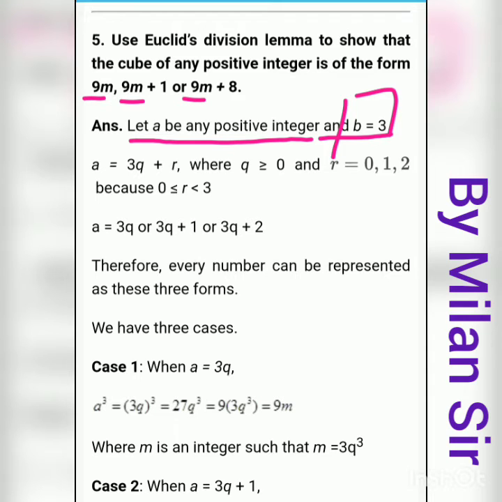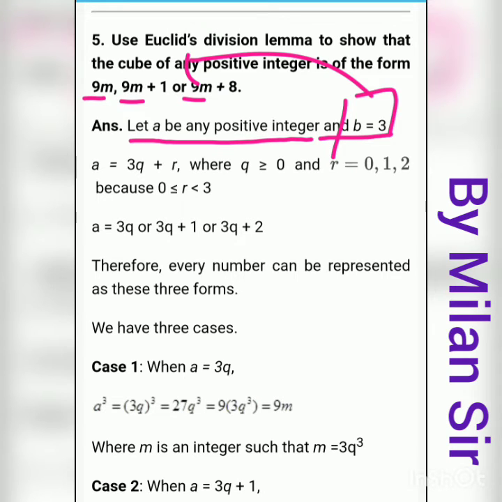If you take b equal to 9 then you can even prove this, but then there are 9 possibilities for r: 0, 1, 2, 3, 4, 5, 6, 7, 8. So you need to prove it for 9 possibilities. Here 3 is a factor of 9, so you can take it.